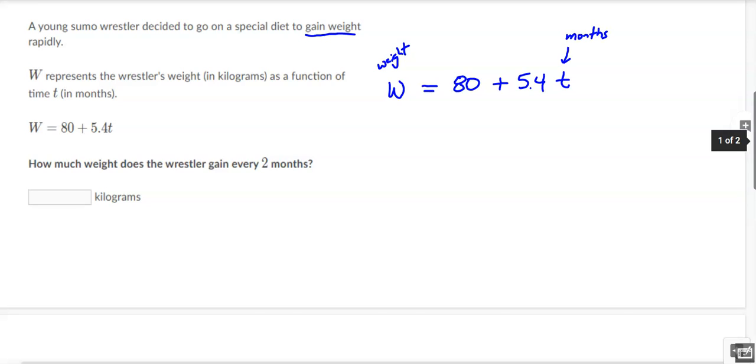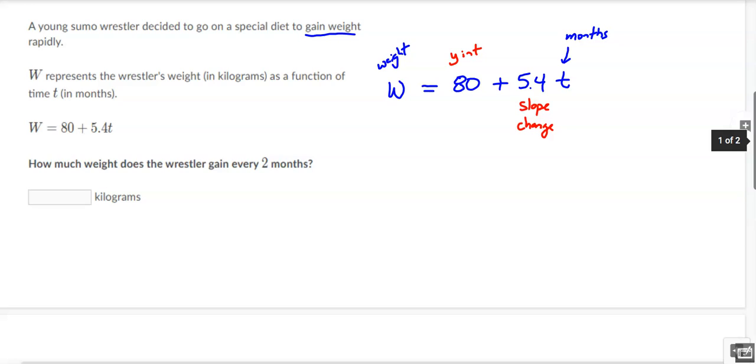This reminds me of back when we were doing interpreting and constructing linear models. Remember, in terms of slope-intercept, the 80, the number by itself, is our y-intercept. And this 5.4 represents our slope, or our rate of change. So our weight is changing every month, and the y-intercept is our starting point. So it looks like we started at 80.